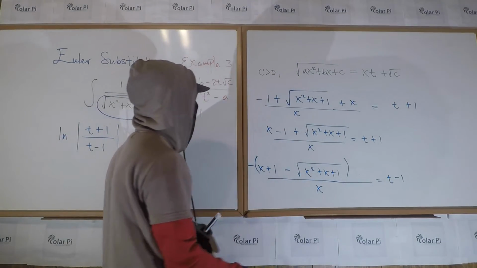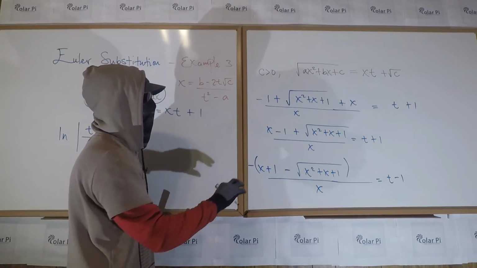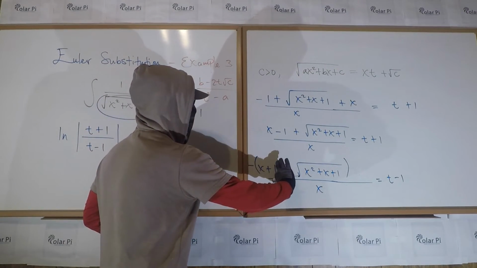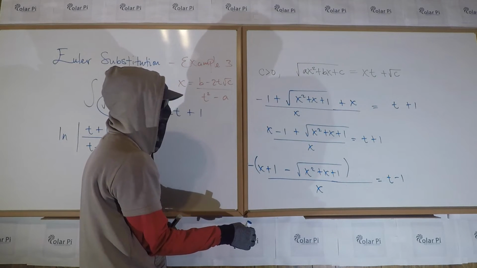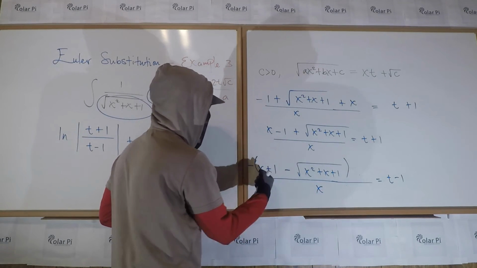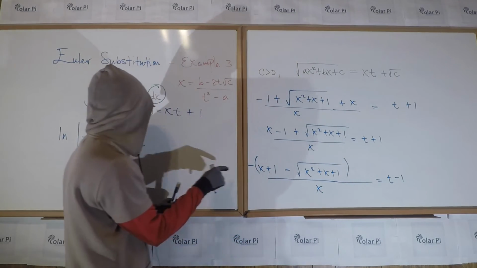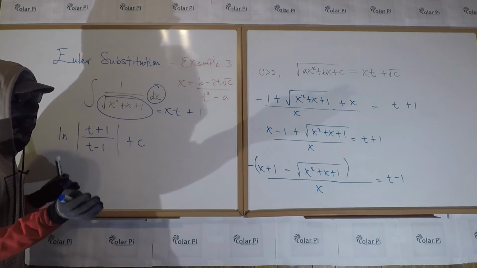First of all, t plus 1 divided by t minus 1 is going to be this divided by this. When we divide them, the x here and the x there are going to go away, and so it's just going to be this numerator divided by this numerator. So I could put the minus sign in front of this quotient, but when I put absolute values, I could get rid of it.